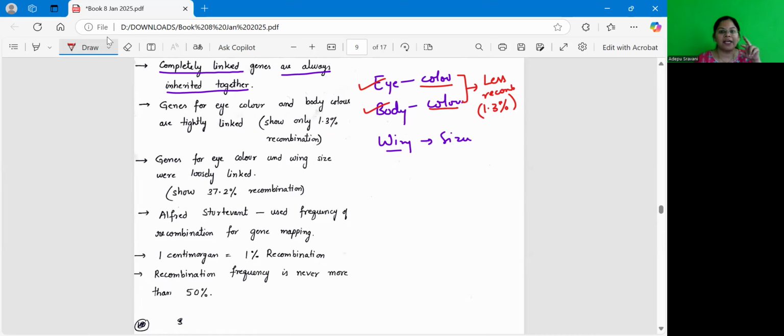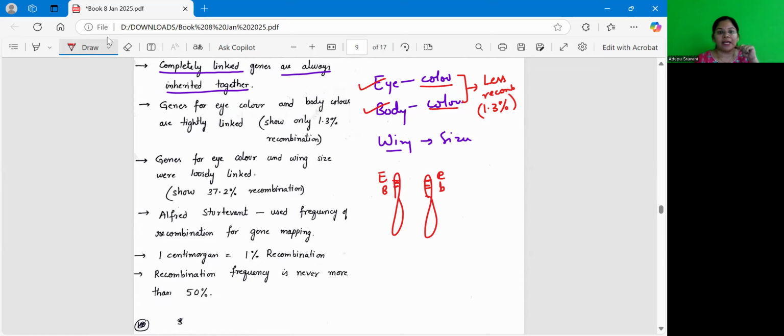Because the eye color and the body color are closely linked with each other. Say this is eye color and this is body color. Both of them are very tightly packed, I can say. Okay, they are very tightly packed and hence there are fewer chances of recombination. So only 1.3% of recombination you can see.